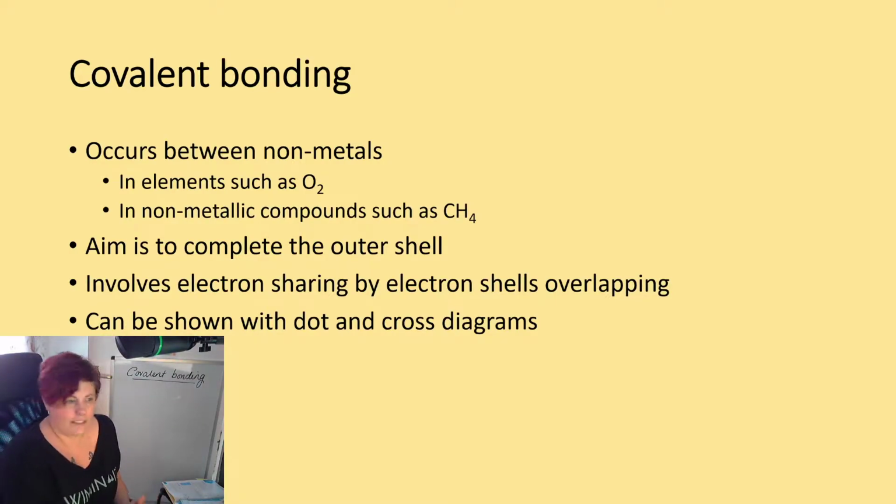The first shell has a maximum of 2 electrons, the second shell has a maximum of 8 electrons, and the third has a maximum of 8 electrons. The idea is you want to get 8 in whichever outer shell you're on, or 2 if it's the very first shell, in order to stabilise it.